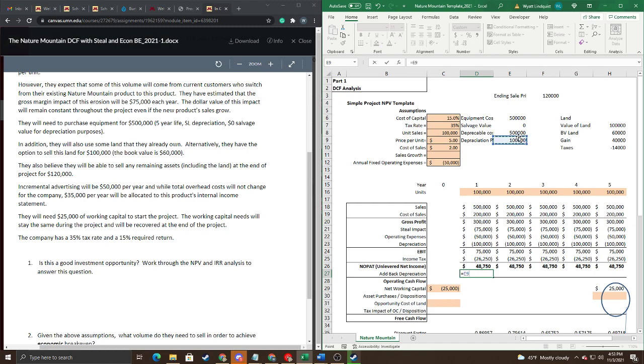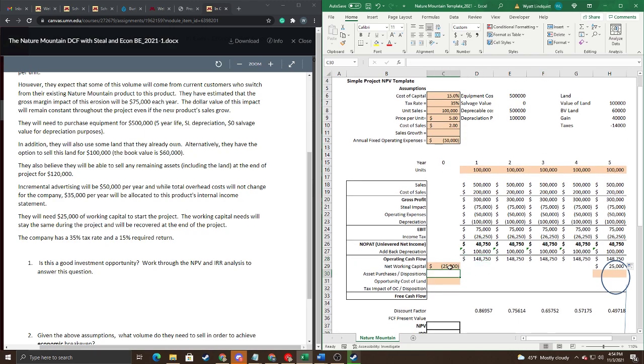Now all we do is add back depreciation, once again hitting F4 to make it an absolute reference. So then to get our net operating cash flow, we just sum our NOPAT with our depreciation, and we get our operating cash flows.